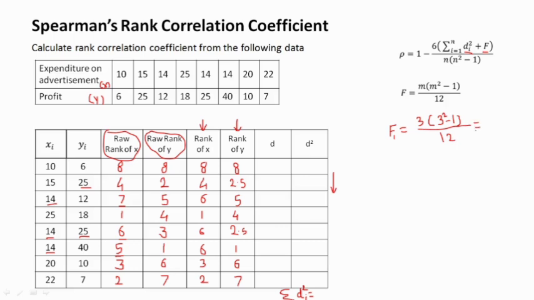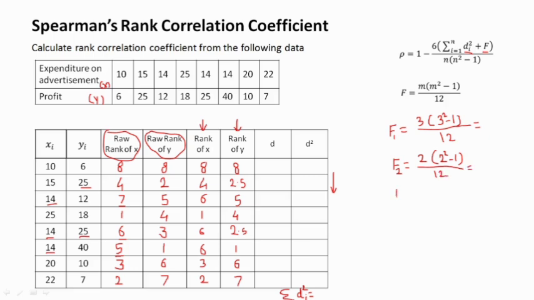So you will get the f1 value. f2 is calculated as follows: the second variable is repeated 2 times here, 25 is repeated 2 times. So 2 into 2 square minus 1 divided by 12. You will get this value.